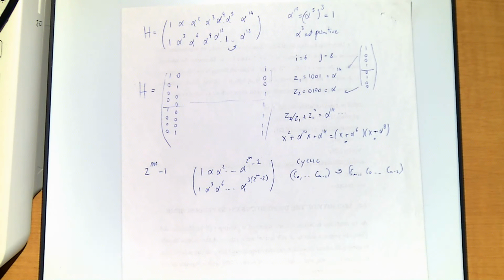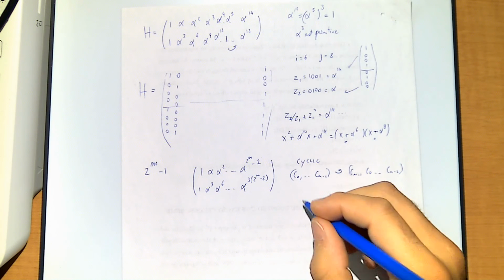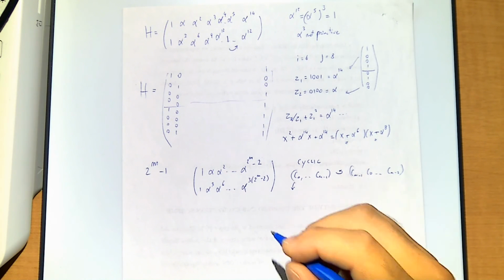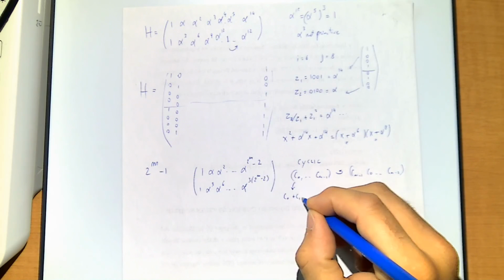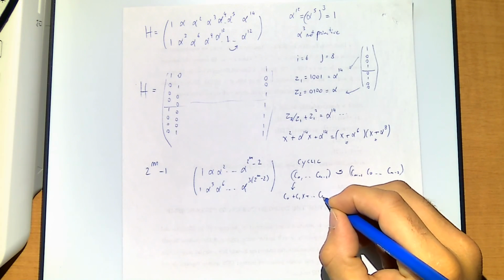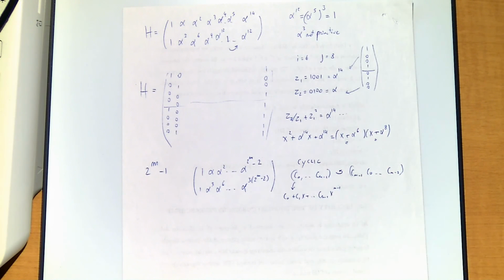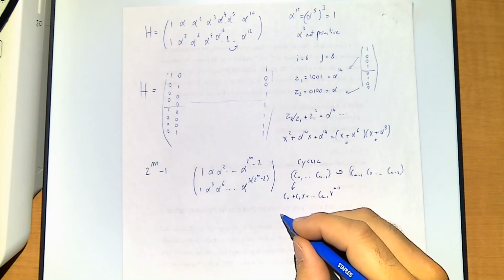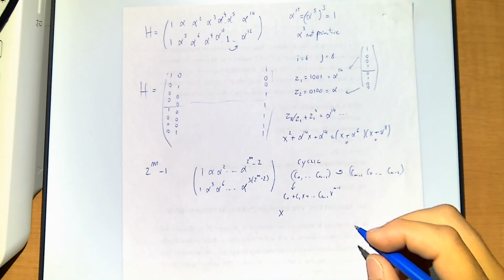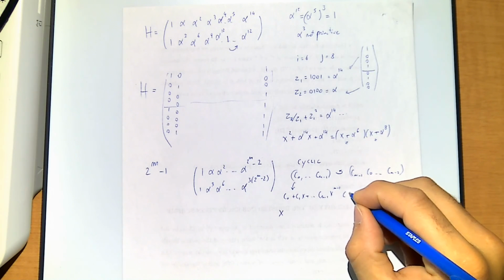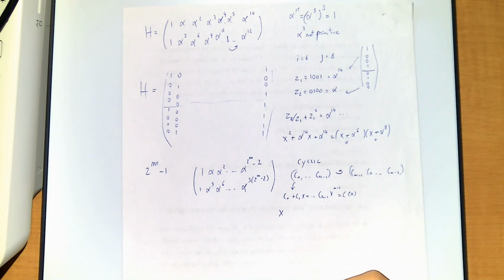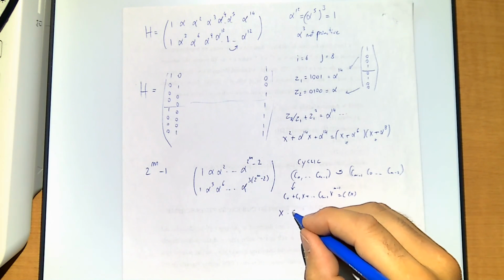So basically, what this reminds us of is that if we associate this to a polynomial, c0 plus c1 x plus ... c(n-1) x to the n minus 1, and call this c of x, then if we multiply by x, this word becomes x times c of x.